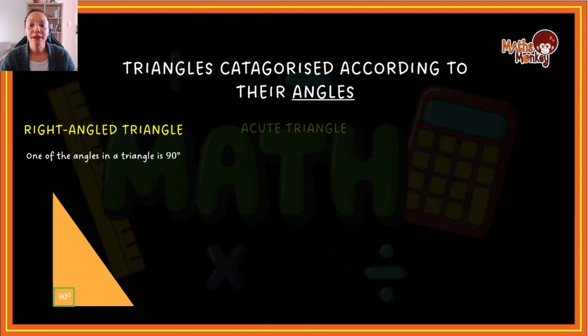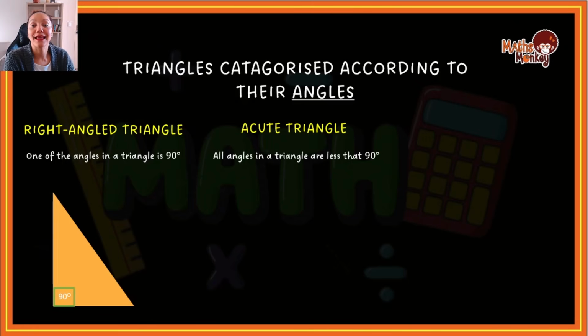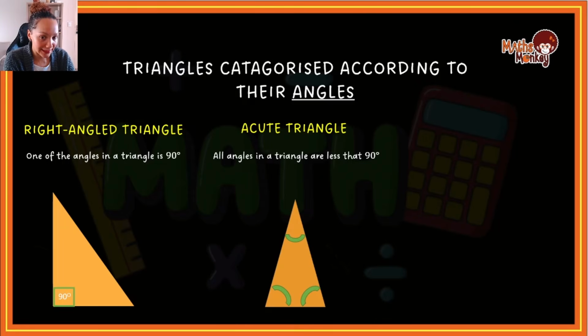Okay. Then the second one is an acute triangle, right? So acute triangle has all angles that are less than 90 degrees, right? So if I look at this, all these angles will be less than 90 degrees. So in this case, it will be 70, 70, 40, taking note that these must obviously add up to 180. Okay.